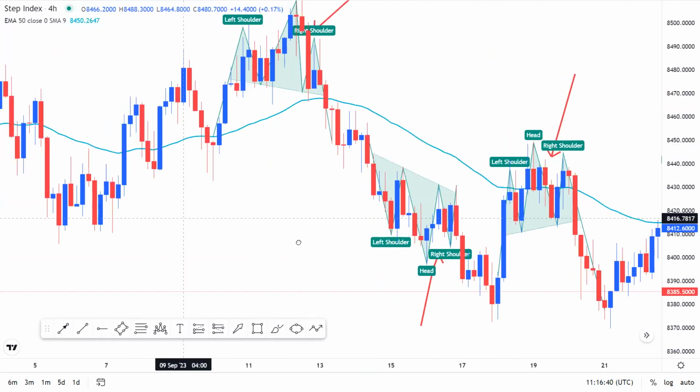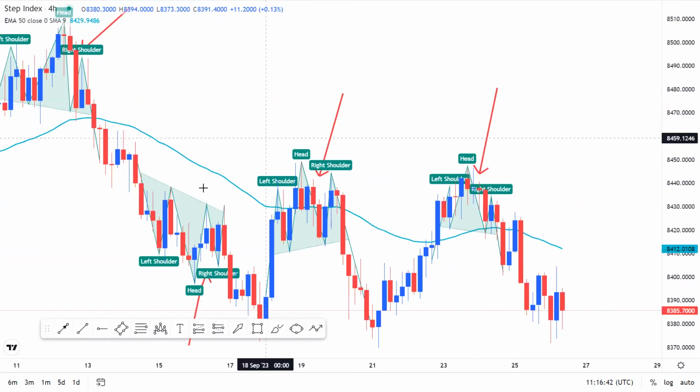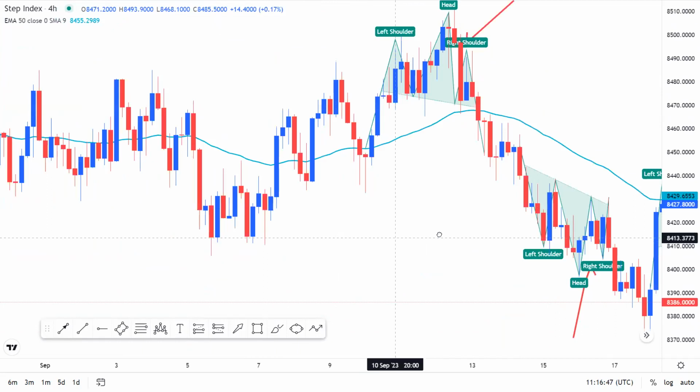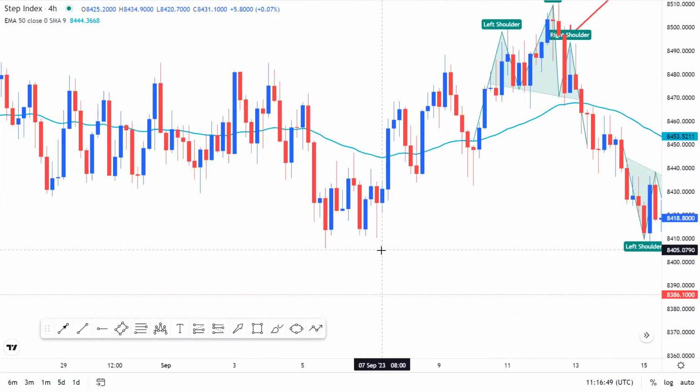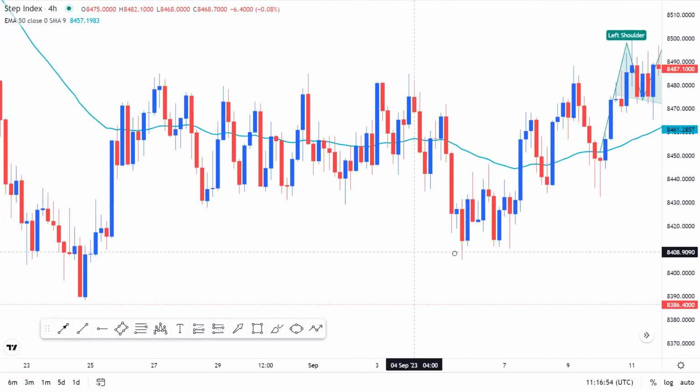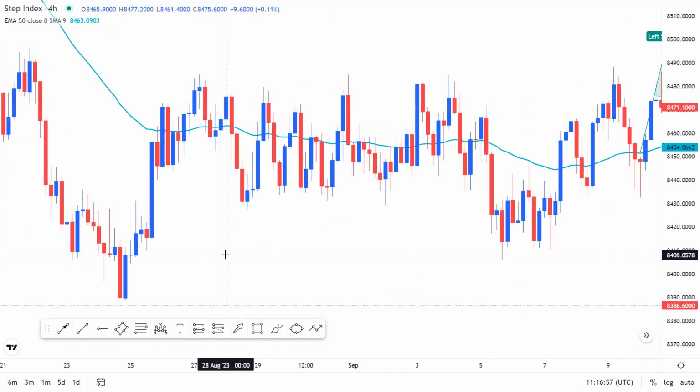And then just to make sure you are able to get this even more clearer, let's see if we can identify some more. Okay, so right here, I can see one, two, I can see three head and shoulder patterns right here.